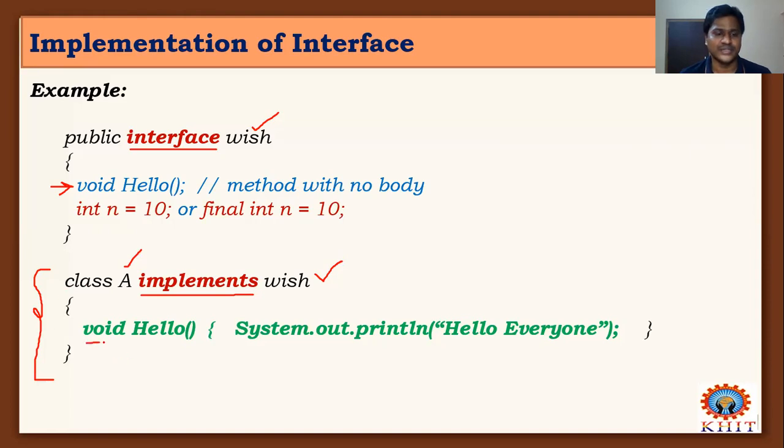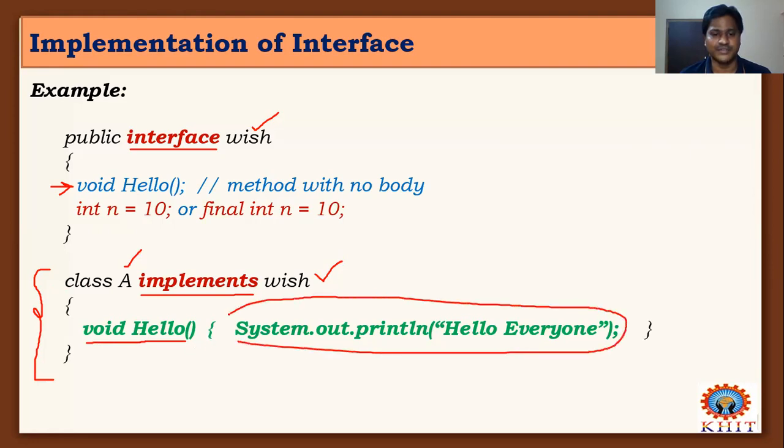And this class should implement the hello method with some implementation, or some body of the method. So here, this class implements this method with some set of instructions like System.out.print hello everyone. This class is going to wish everyone.